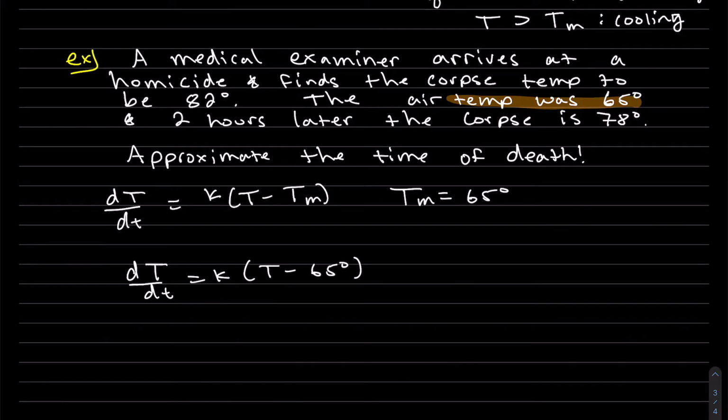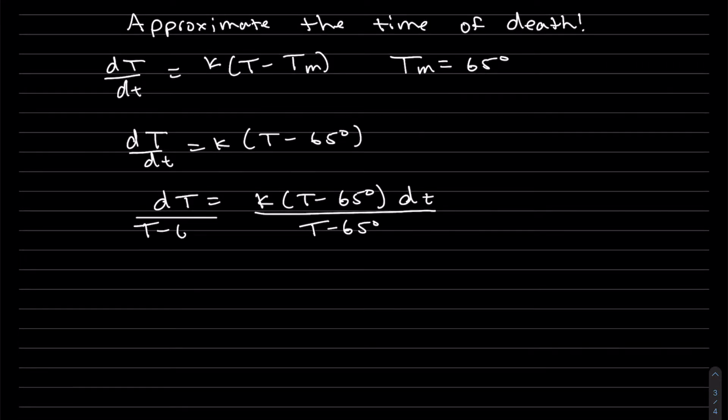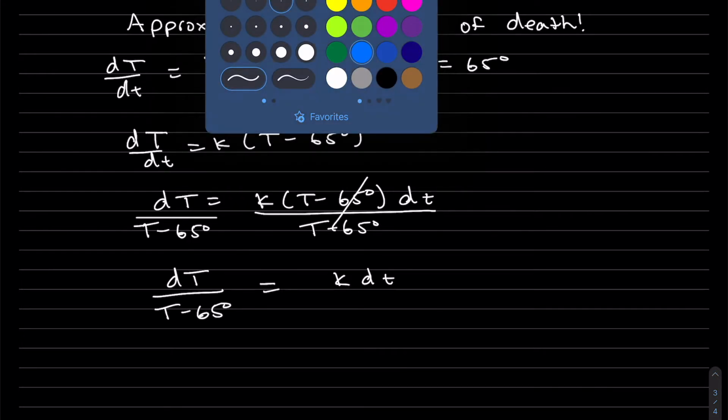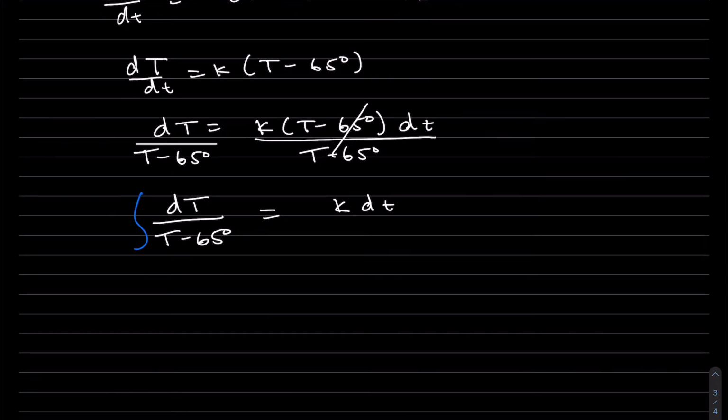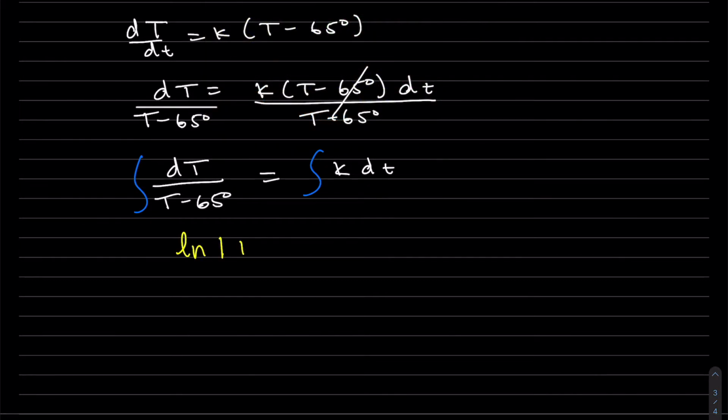So it looks like we can separate this. Integrate. This is the natural log of T minus 65.